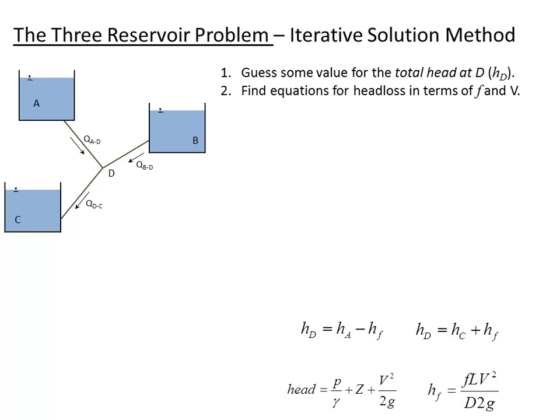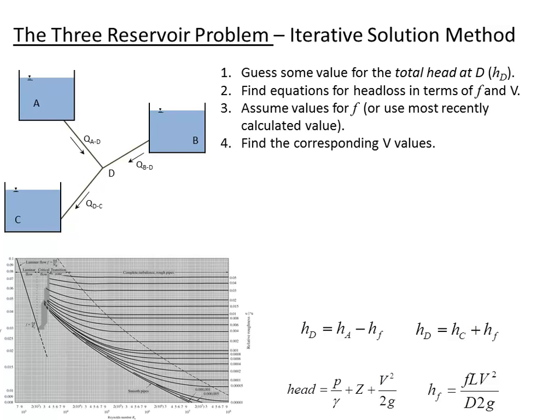So what I'm saying here in step 2 is that for the head loss equation, we're going to have h_f, just the friction losses between C and D, and we're going to write it in terms of the length of the pipe between them, which will be known, the diameter, which will be known, but what will be unknown is F and V. So we'll write the head loss equation, and we'll leave F and V as variables.